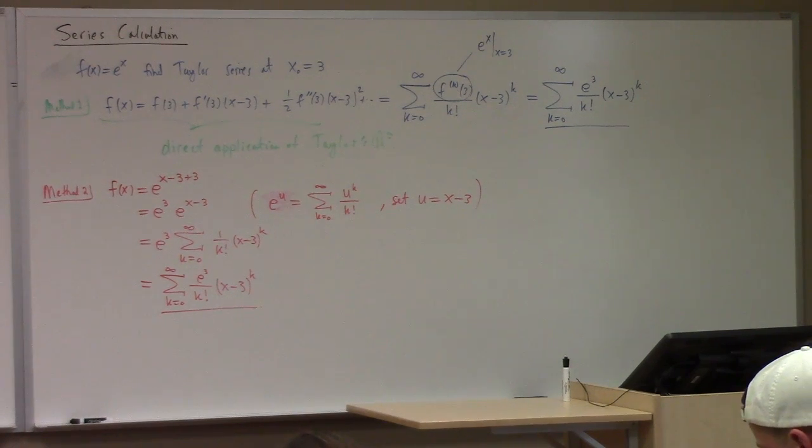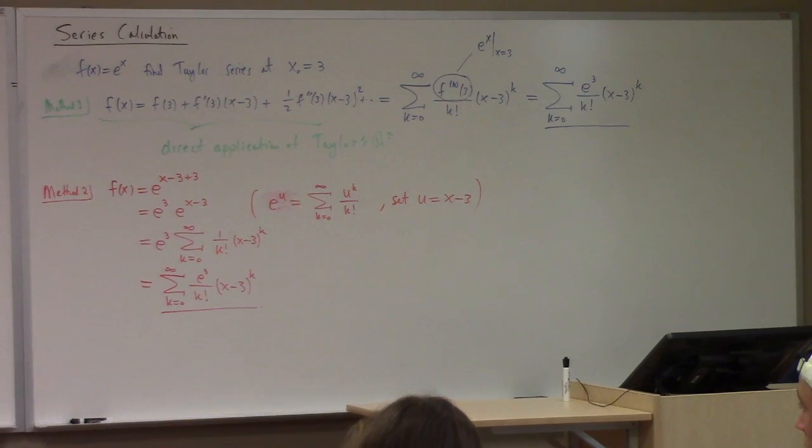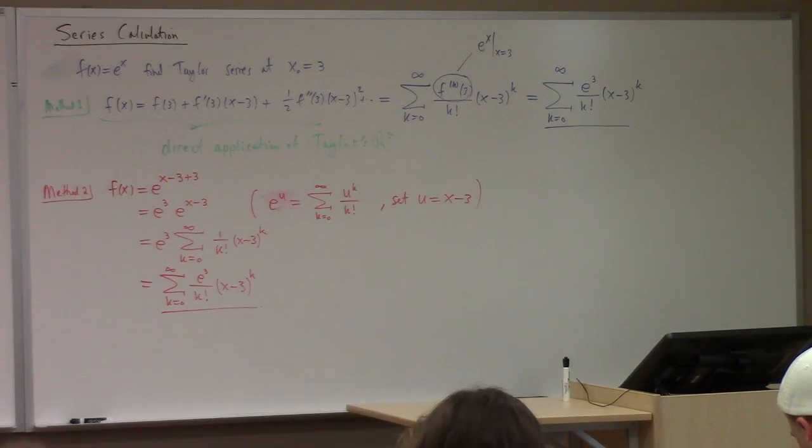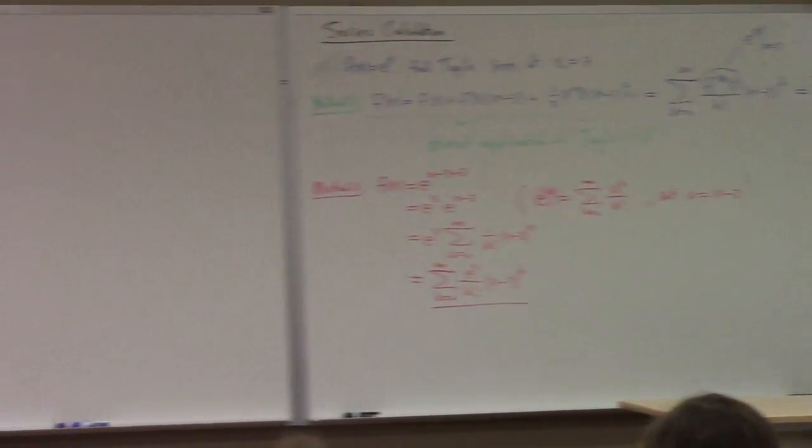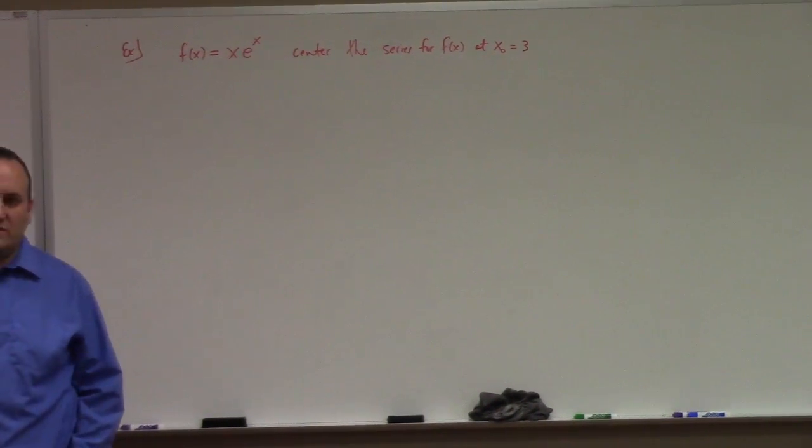What if I do something a little bit more complicated, though, right? Like f of x equals x e to the x, the series for f of x at x naught equals 3. Well, then differentiation, I guess differentiation still will work, right?